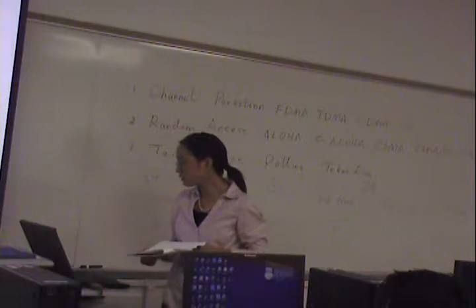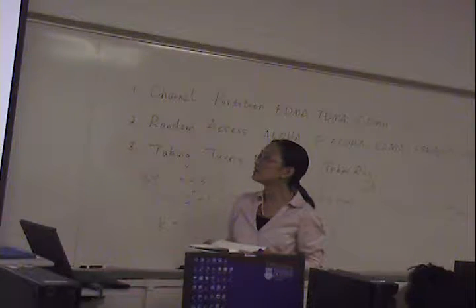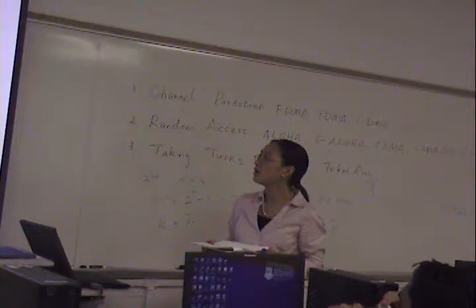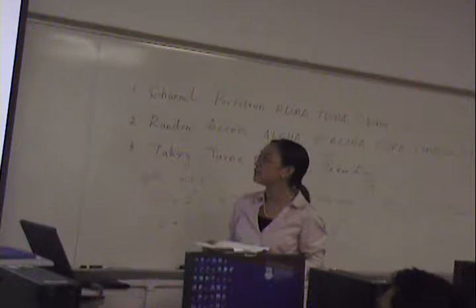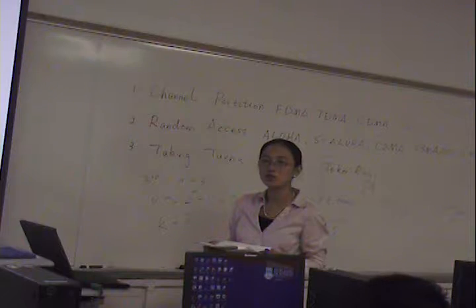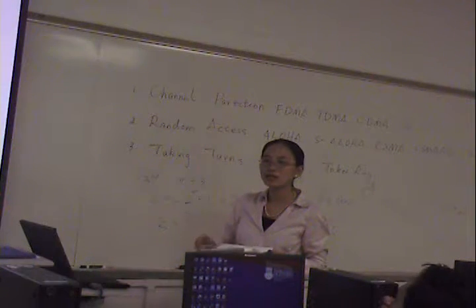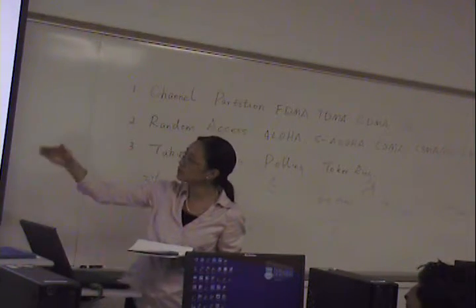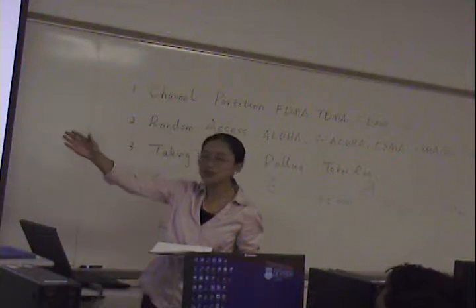Then the master will poll everybody. The second slave has no data. Then the master will poll the third slave, and the third host will send the data back. It will continue like this, round robin: 1, 2, 3, 4, then 1, 2, 3, 4 again. If you have data, you send data.